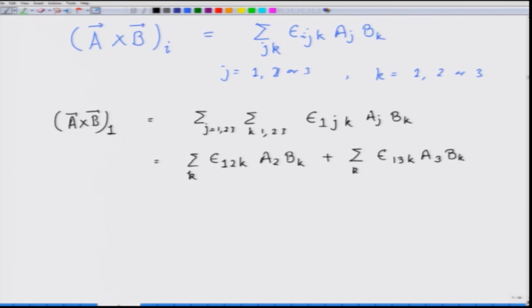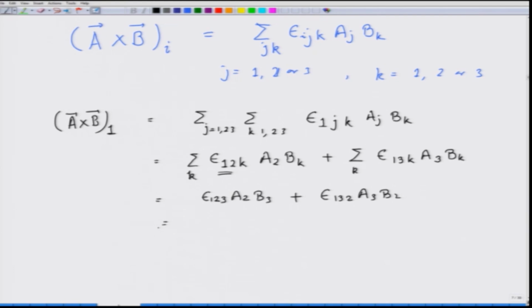Now, we have done the sum over j using the fact that epsilon 1 1 k is 0. Now if I look at epsilon 1 2 k, if k is 1, this is 0, because epsilon 1 2 1 is going to be 0. So, the only term that I am left with is 1 2 3 a 2 b 3 plus, the second term 1 3 k. If k is 1, it is 0, if k is 3, it is 0. So, the only choice I have is 1 3 2 a 3 b 2.